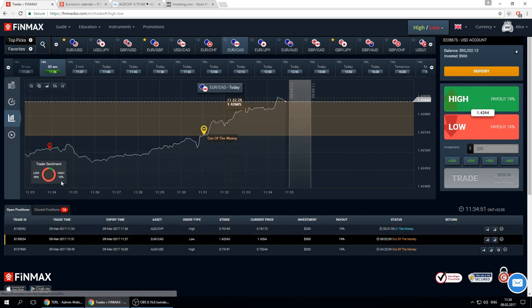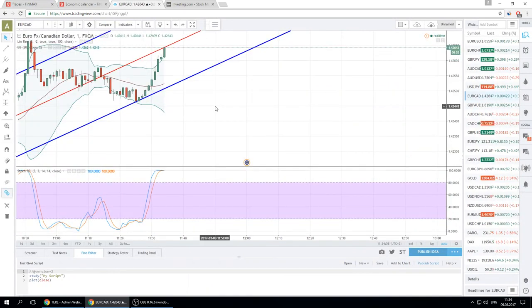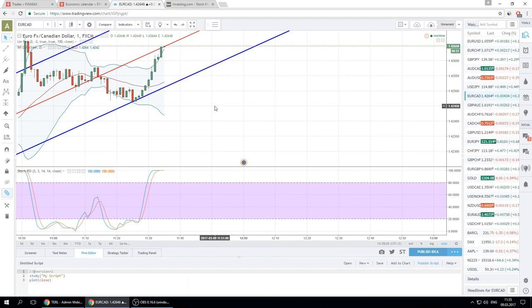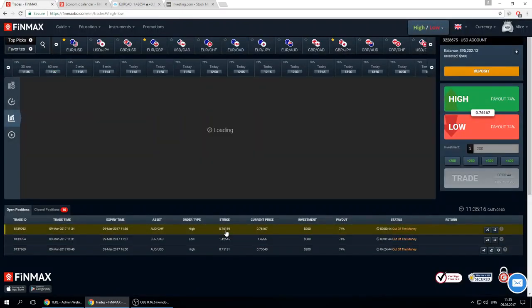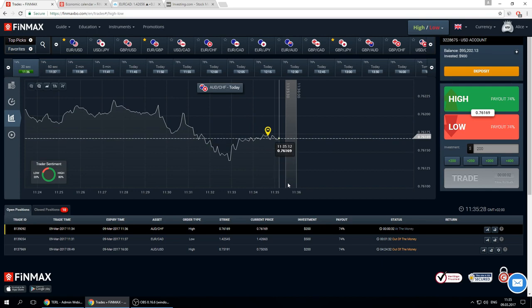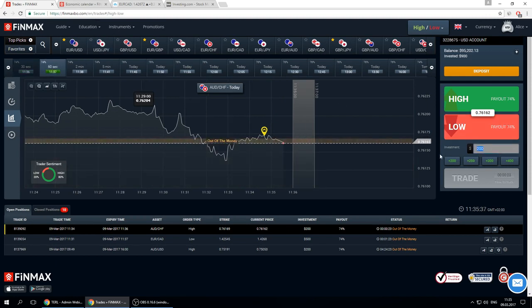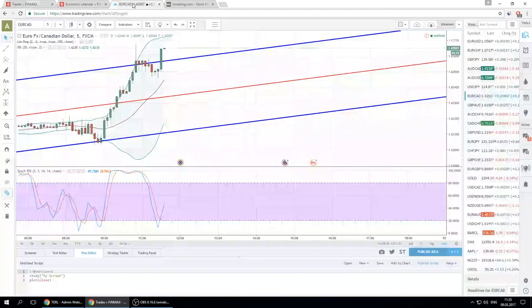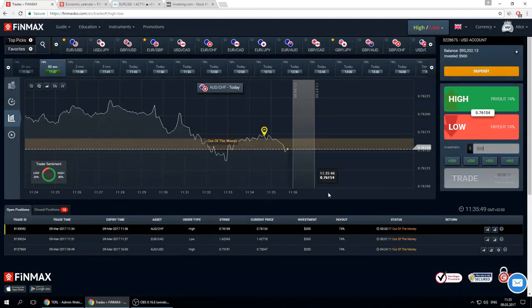We have already opened 10 trades. Market is going against our trade for now.